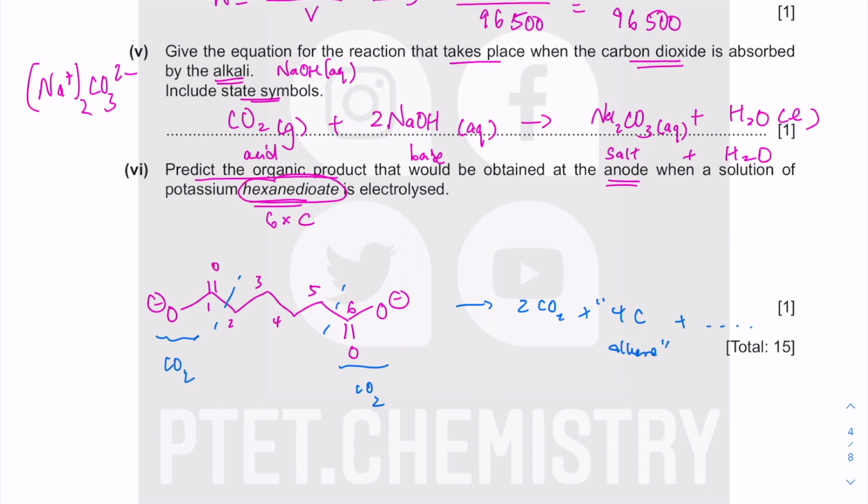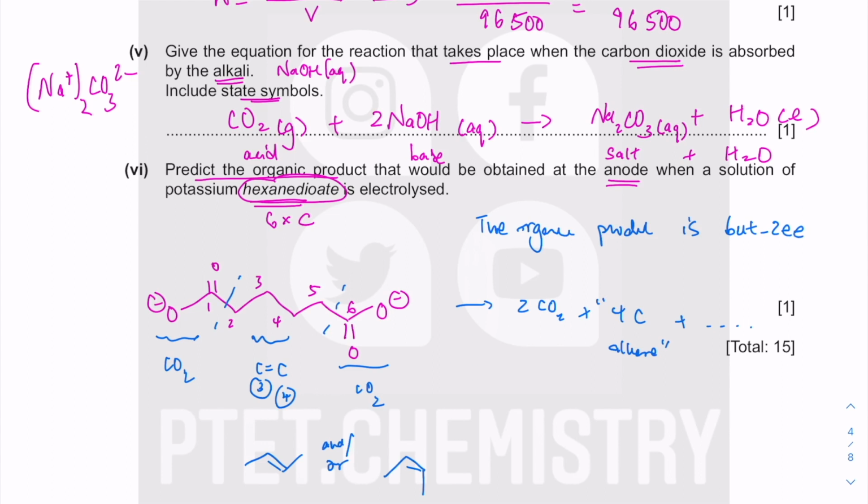But this 4 carbon alkene would not simply have a double bond at the end there, because both ends are chopped. So what actually happens is your double bond will be between carbon 3 and carbon 4. So what you actually get would be either this, or in fact a mixture, because they can isomerize to give you either the cis or the trans. But what we can be sure of is that the organic product is a 4 carbon alkene, therefore a but-2-ene.